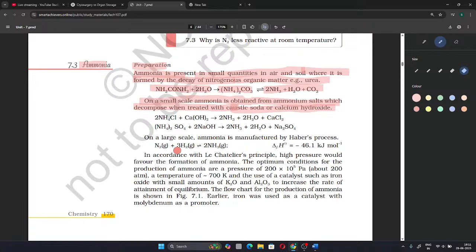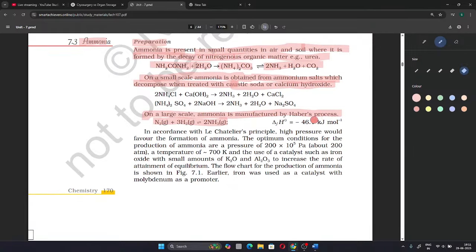On a large scale, ammonia is manufactured through Haber's process. It is N2 plus 3H2 gives 2NH3. The formation enthalpy is minus 46.1 kilojoule. In accordance with Le Chatelier's principle, high pressure would favor the formation of ammonia.